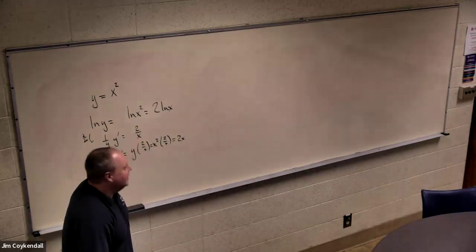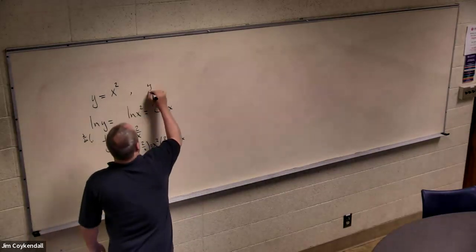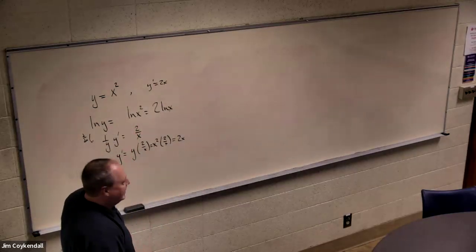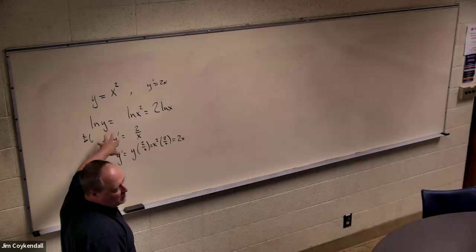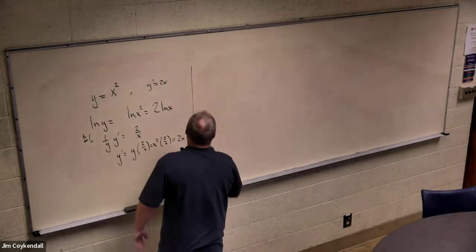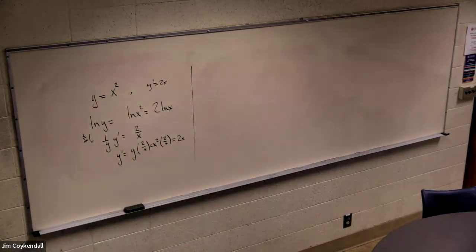This is correct, but why in the world would you do that, right? Just y prime is 2x. You already know that, right? So the point to my little demonstration is, don't use logarithmic differentiation unless there's something in it for you. Right? And there will be plenty of opportunity for that, I can tell you.